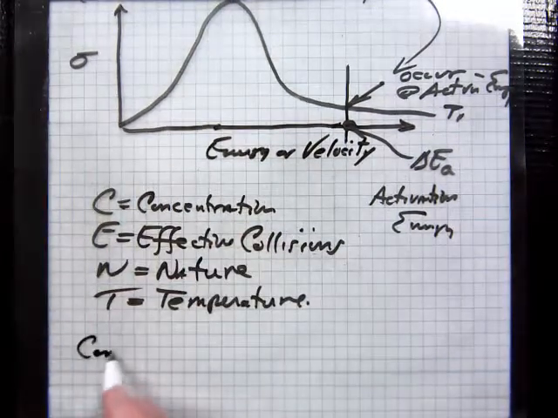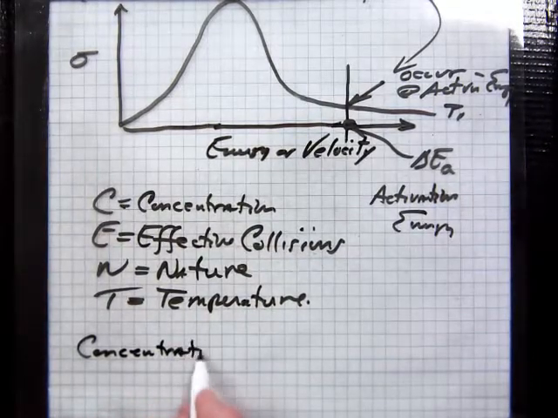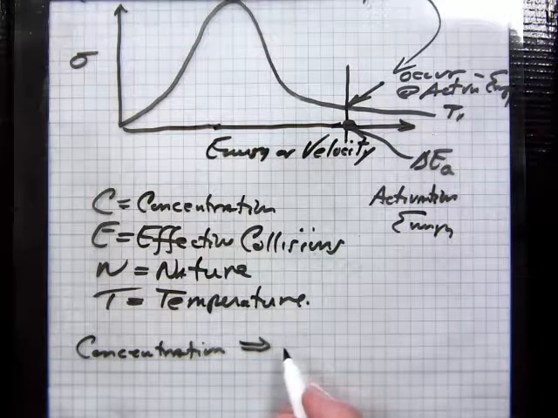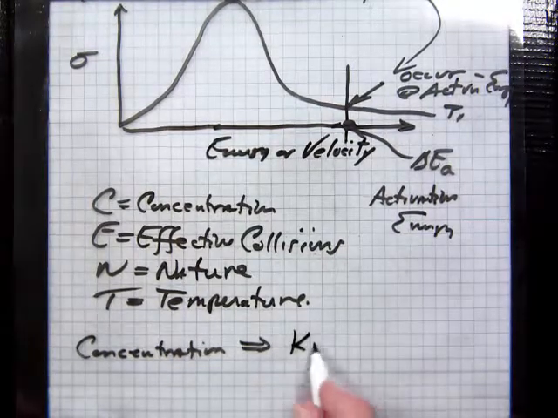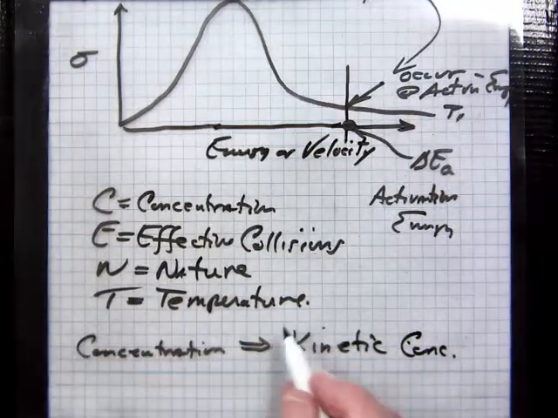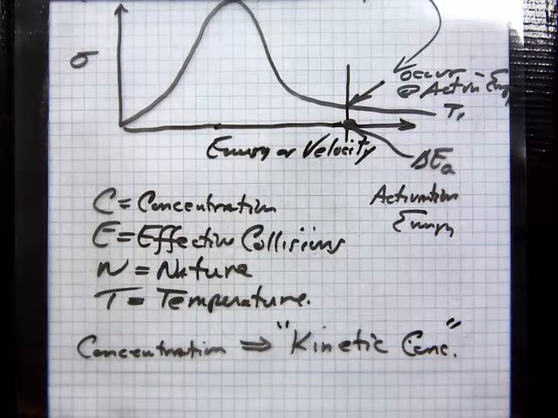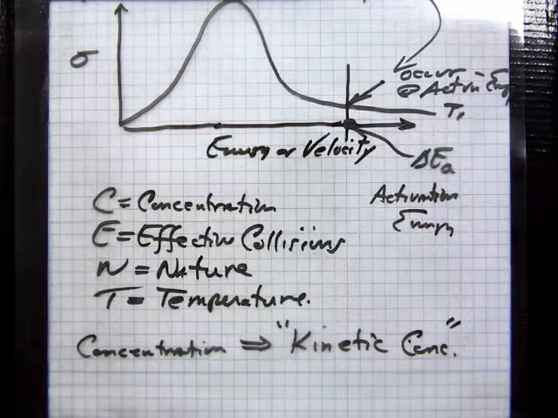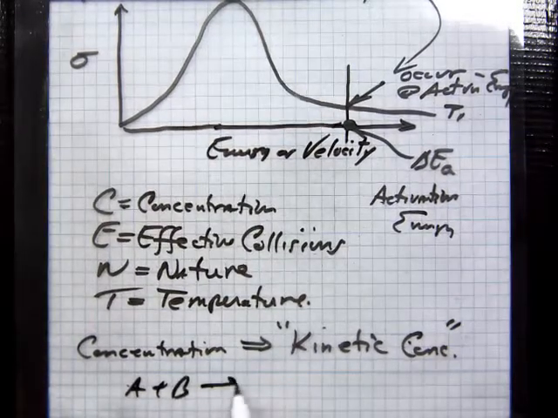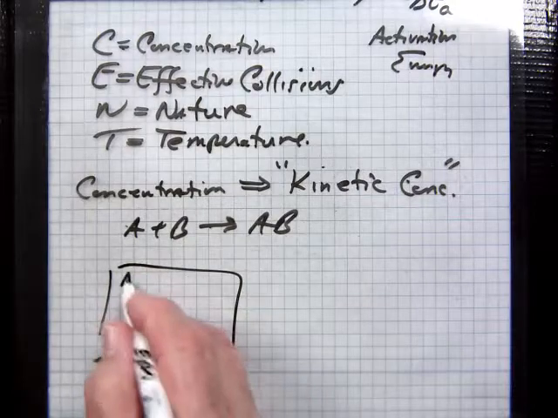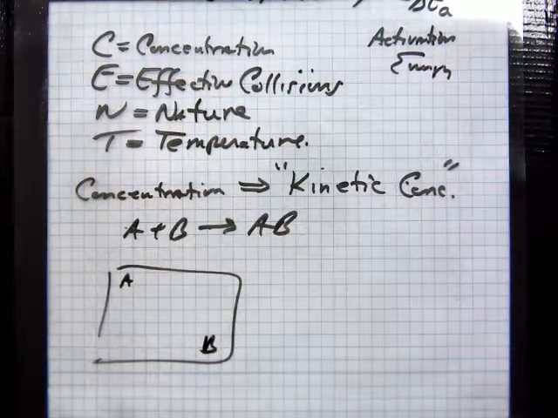Concentration is what we call an effective kinetic concentration, or just simply kinetic concentration. Now, what does that mean? That means the particles involved in the reaction have to be able to find one another. If you have A plus B going to a product, AB, and you have a container with an A over here and a B over here, not likely they're going to find one another.